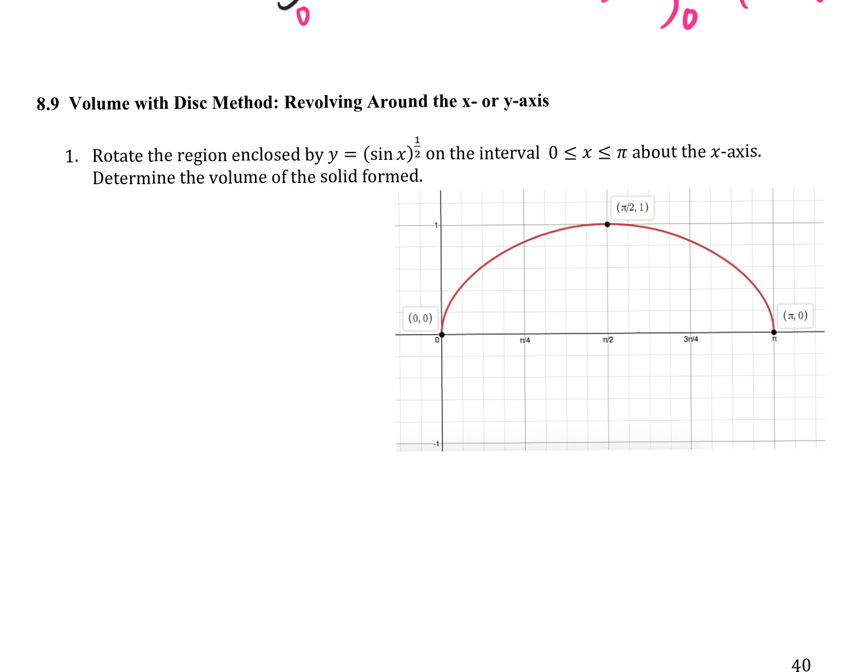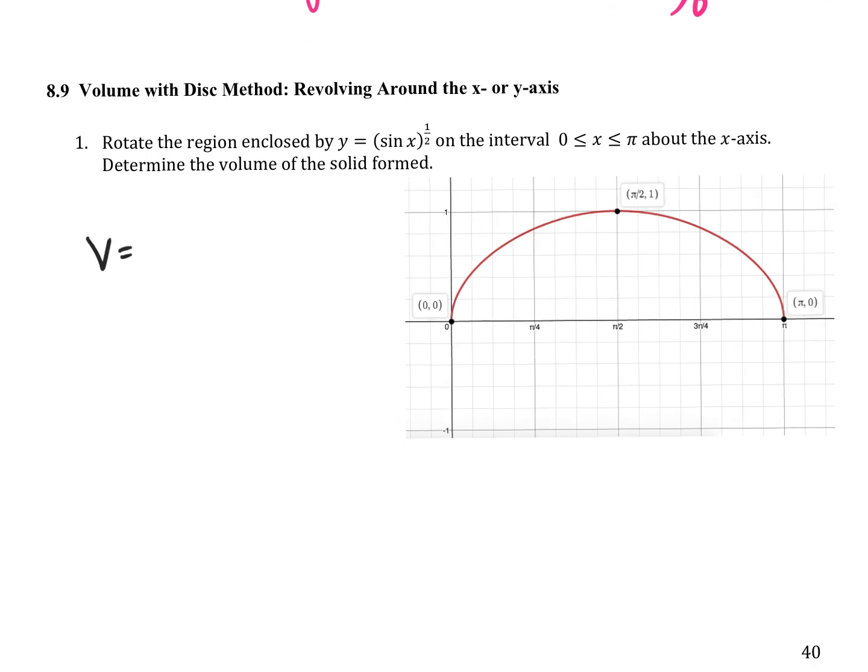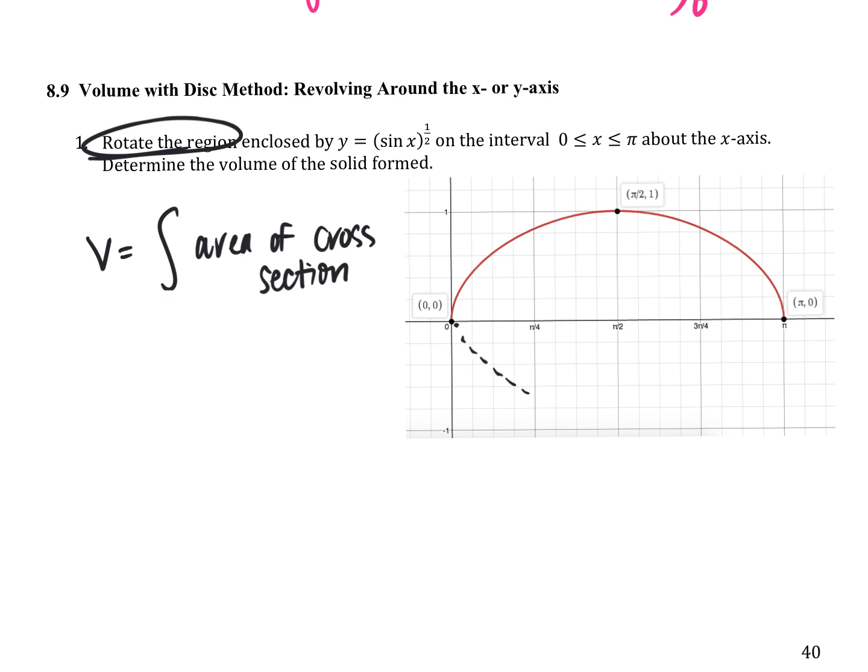Let's first say we know volume is always the integral of the area of the cross section. Let's try to draw what this will look like when I rotate it about the x-axis. If I were you, I would go ahead and reflect it over, so you see the reflection shape.